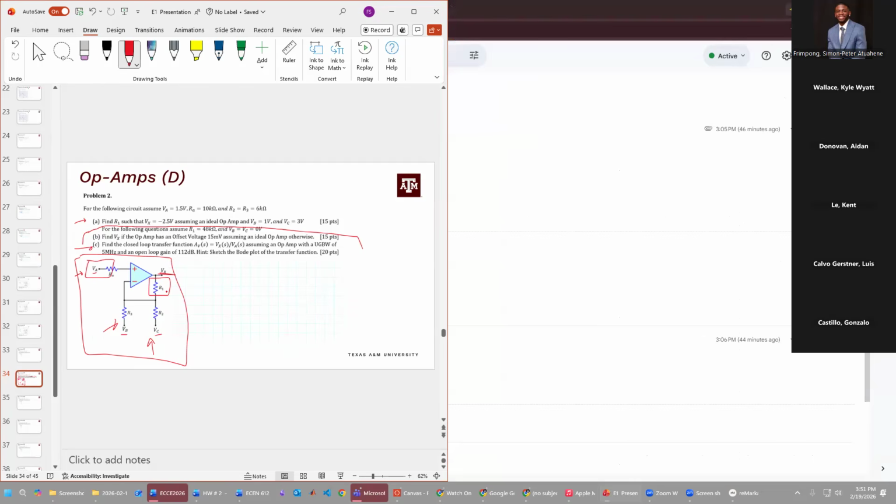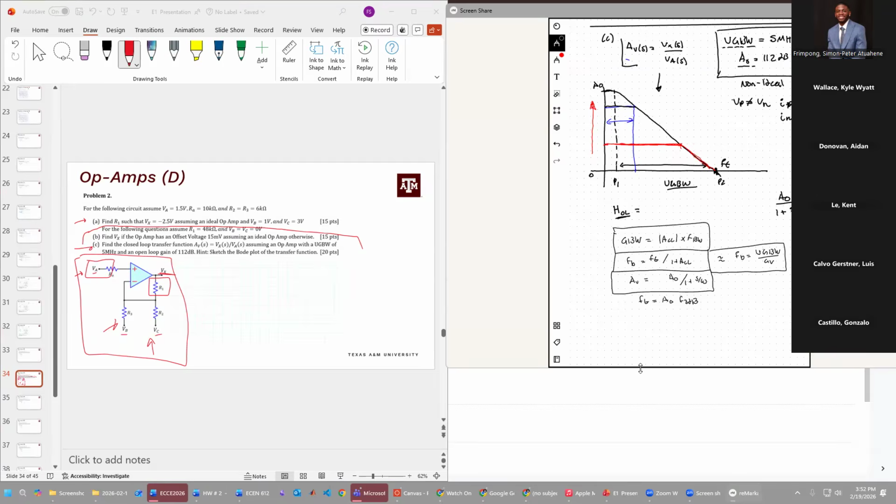Let me find this page with my equations on it. All right.